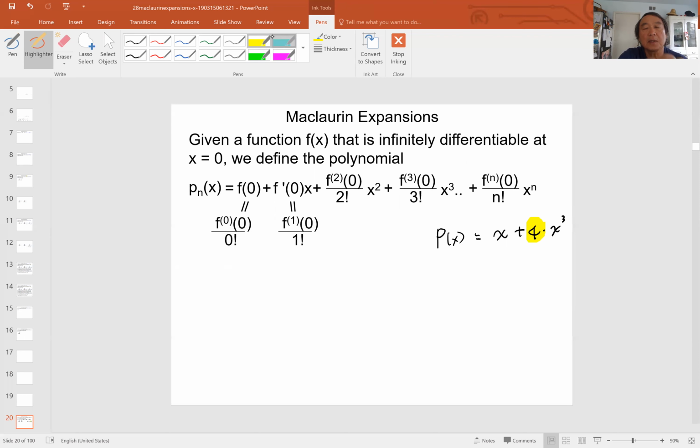The knowledge we're going to use is the following: given a polynomial of third degree, if I take the derivative 3 times, I'm going to be left with a number.